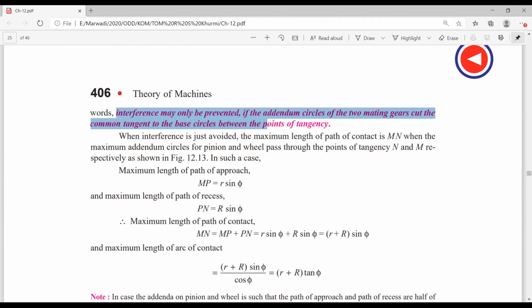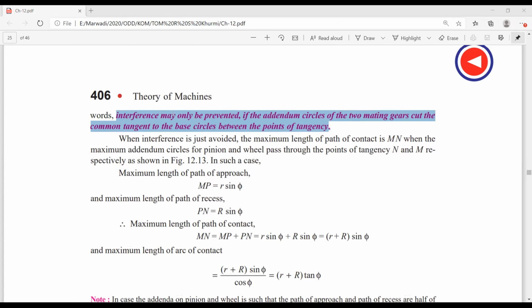We have also seen that interference may only be prevented if the addendum circles of two mating gears cut the common tangent to the base circles between the points of tangency. Just remember this line.